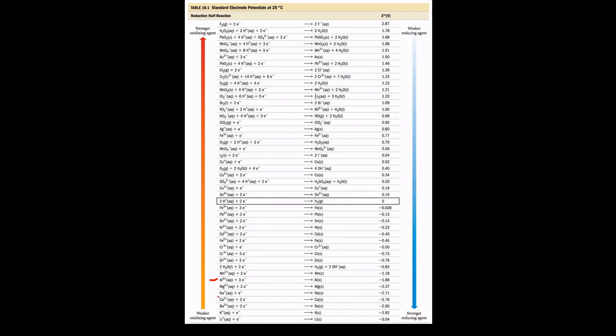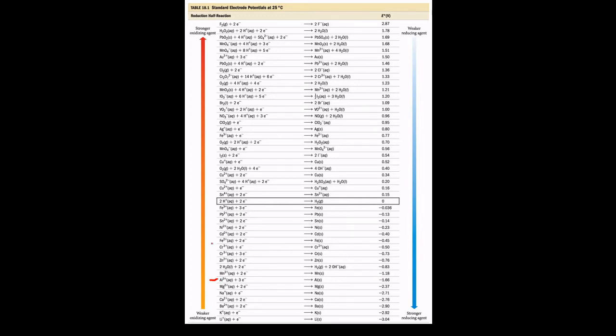It is supposed to be written backwards because on this table it's written as a reduction, but in the reaction that we are doing, it is being oxidized. You're expecting one of your half reactions to be this way. One of your half reactions should be flipped opposite of the way it's written here. We can still use this number without changing it. We do not have to change the sign on this. We will use it just as it is. We've already taken that into account with our equation.